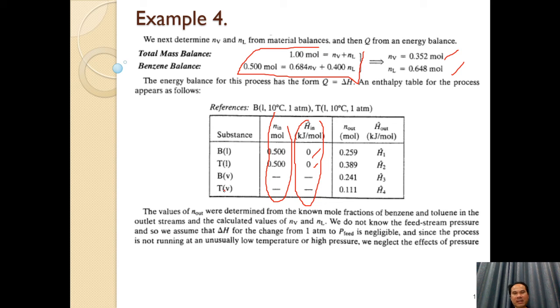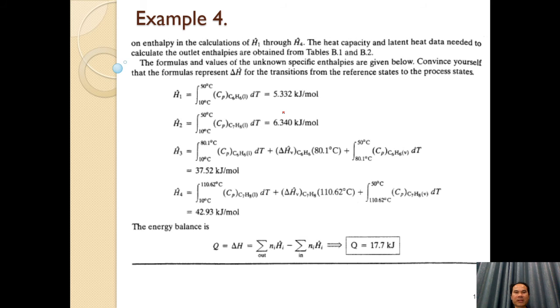In the first step, you have to evaluate H1, H2, H3, H4. For H1, the enthalpy at 50 degrees Celsius, referenced to 10 degrees Celsius liquid phase, we change the liquid phase of benzene at 10 degrees Celsius to benzene vapor at 50 degrees Celsius. Okay, for H1.